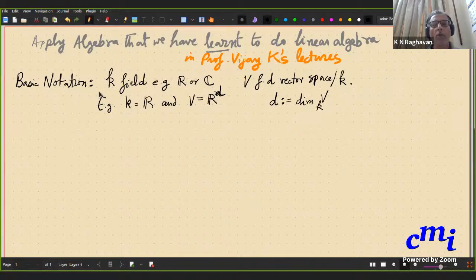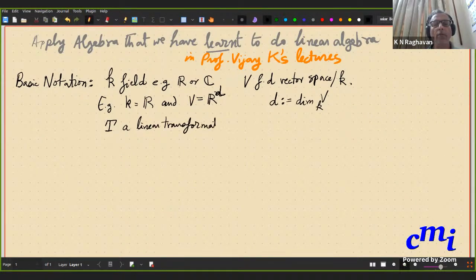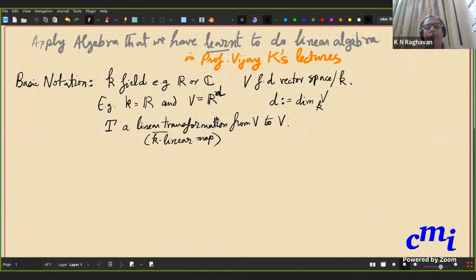Okay, and in linear algebra, the very basic theorems concern, so let T be a linear transformation from V to V. In other, more technical words, a K-linear map from V to V. So let's write out what all this means.